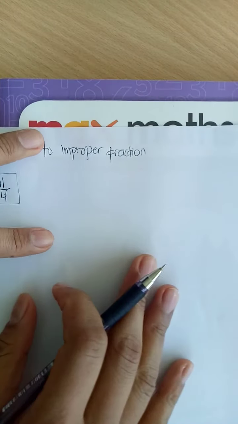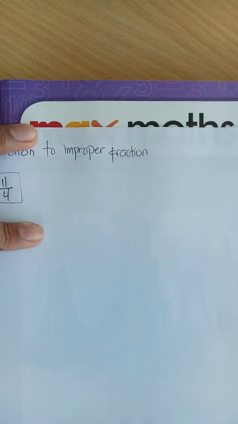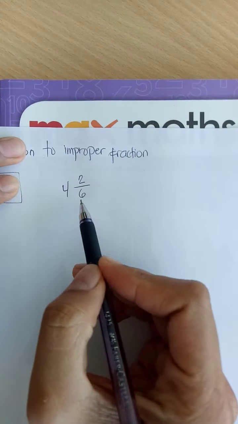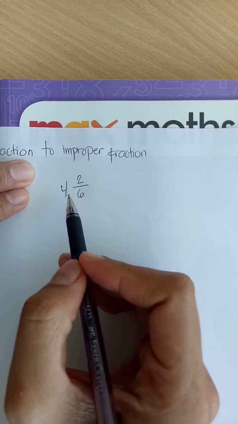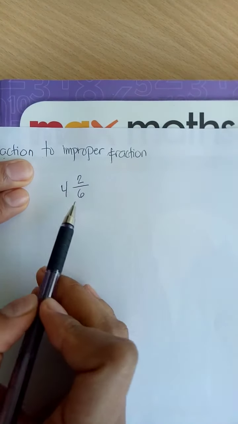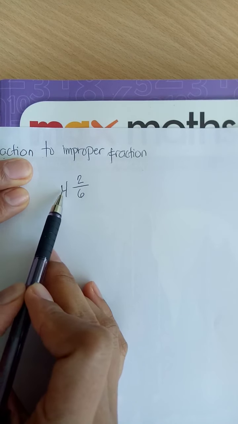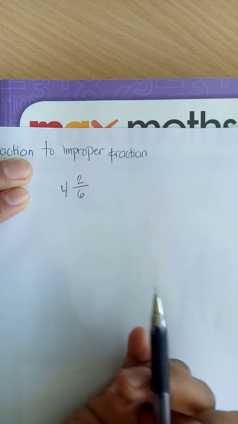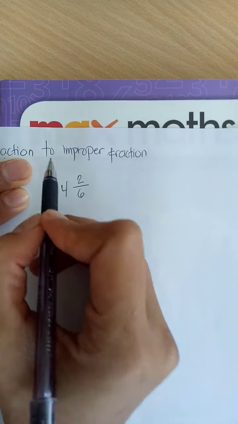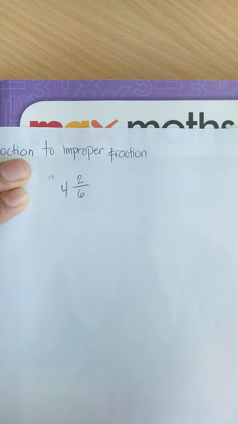Simple as that. I'll give you another example. Let's say we have a mixed fraction of 4 and 2/6. Again, you're just going to multiply your denominator by the whole number 4. So 6 times 4 equals 24. Let me just write a small 24 on top here.